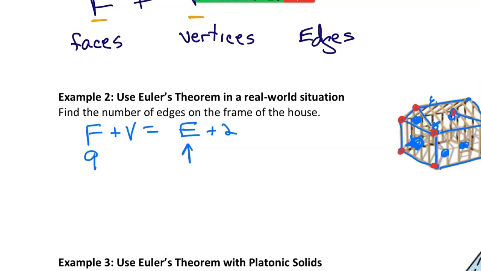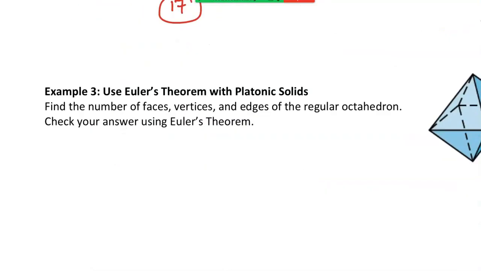So 1, 2, 3, 4, 5, and that's it. So that's 10. So that makes this 19, and since it has to follow that 19 equals E plus 2, then this E must be 17. And if you count these little side pieces here and here, you are going to get 17. And that'll all work out. So that's using Euler's formula.